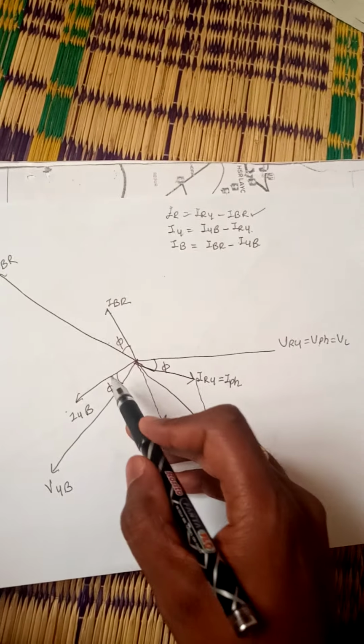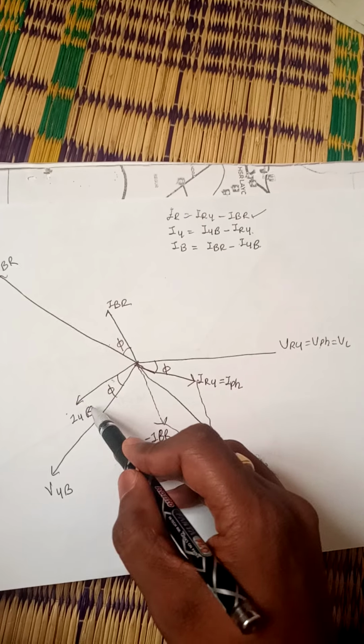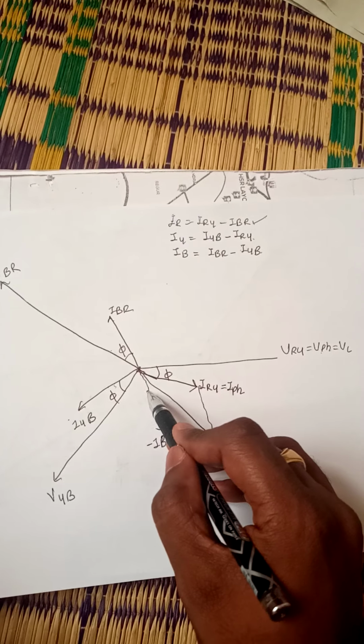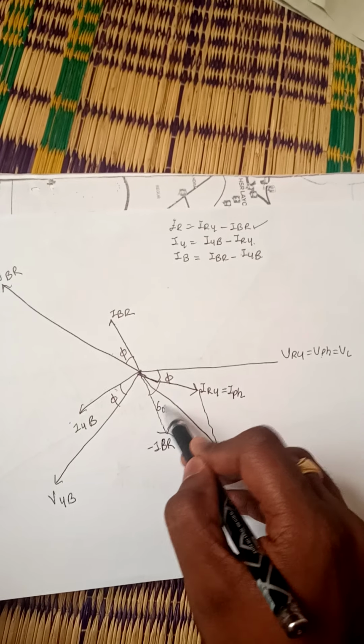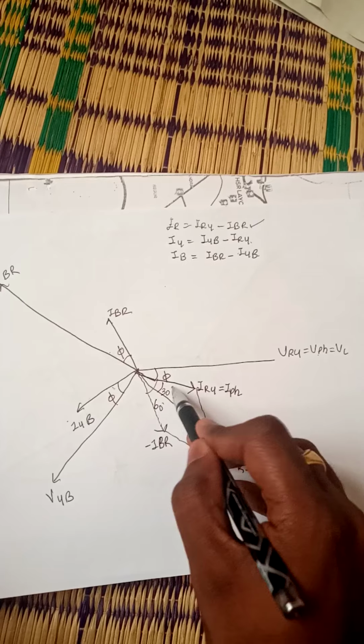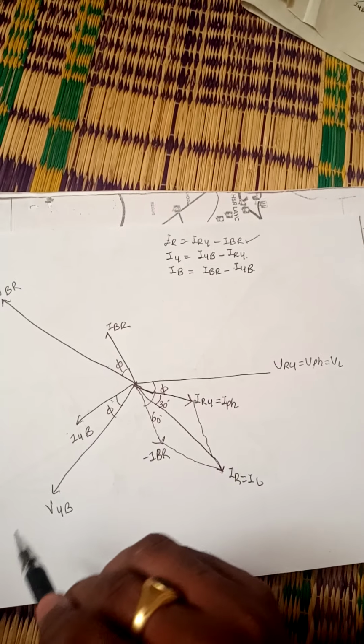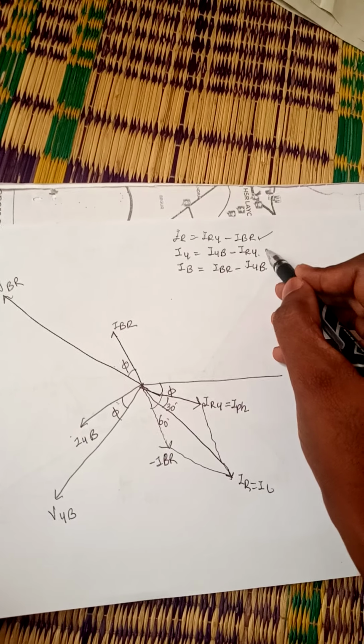Then as you know, the angle between IYB and IRY is 120 degrees. This is exactly half, so this will be 60 degrees and this angle is 30 degrees. This is 30 degrees.